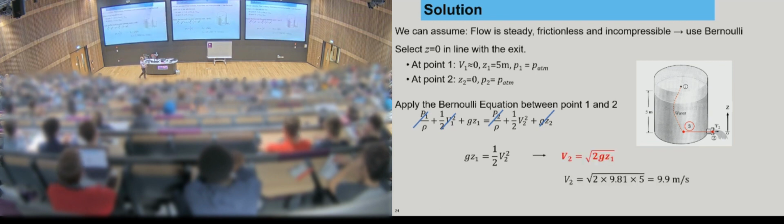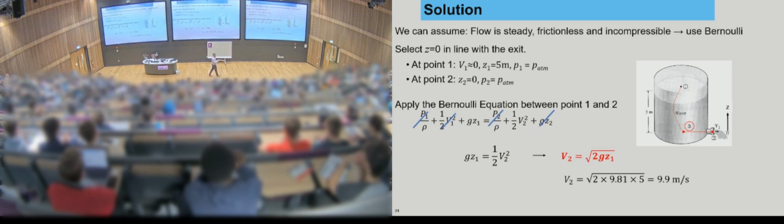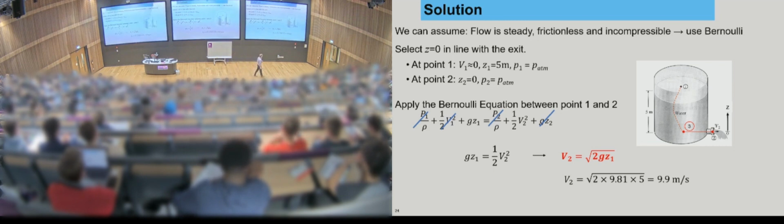We rearrange it and we get V2 is equal to the square root of 2 times g times z1. So this is a very famous equation derived centuries ago by a guy called Torricelli, and it's been used by engineers ever since. When we put in our numbers, the fluid comes out with a velocity of 9.9 meters per second.